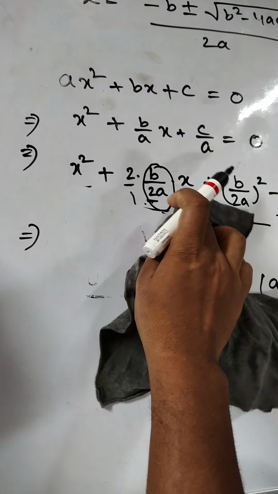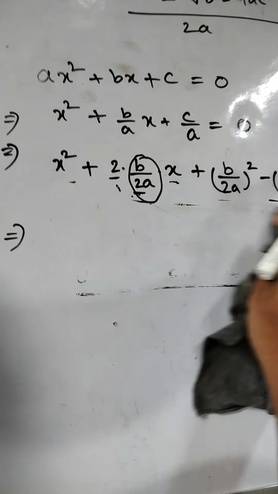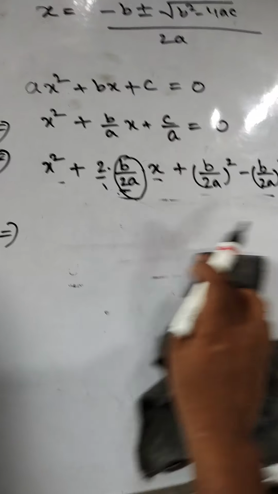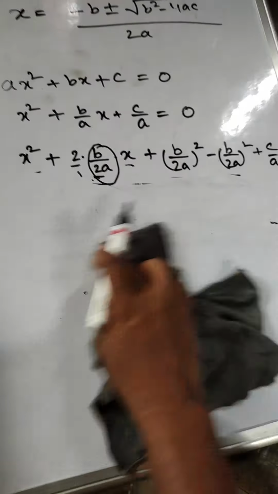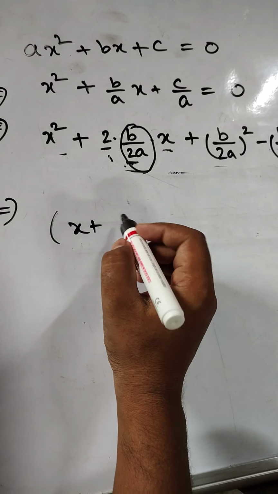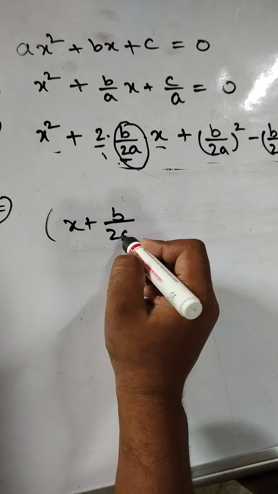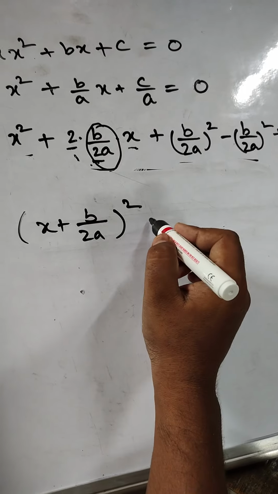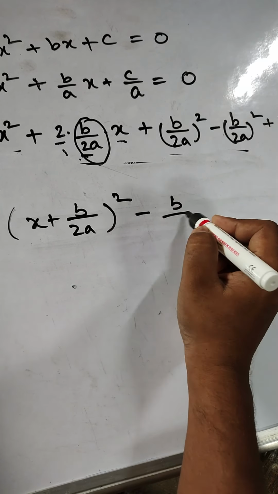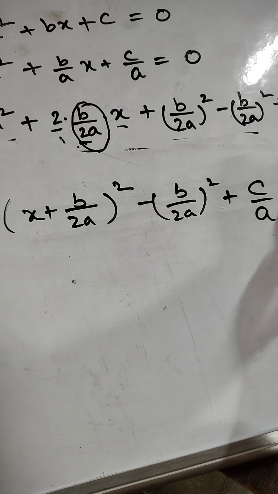Okay, so I am writing this to make you understand that this is nothing but x plus b by 2a whole square minus b by 2a whole square plus c by a equals to 0.